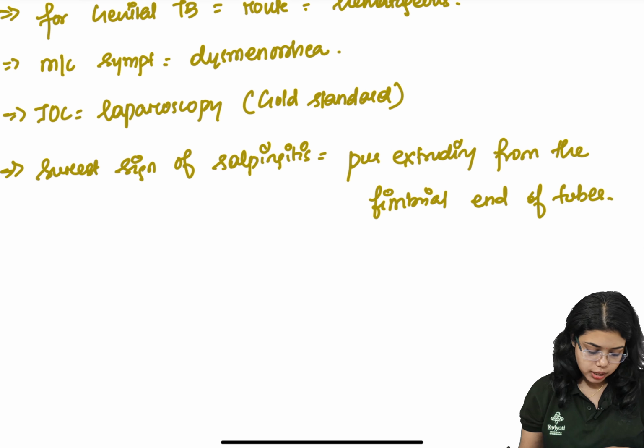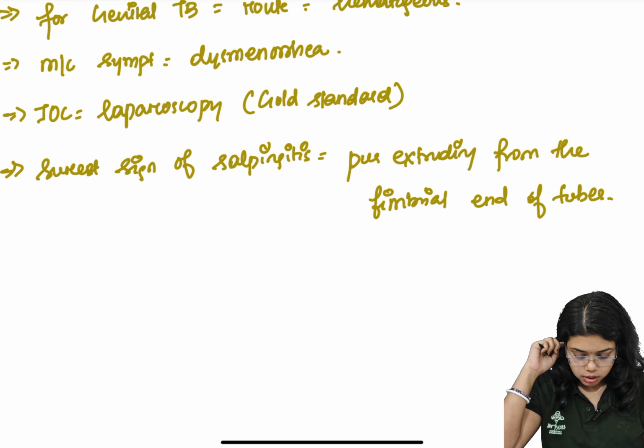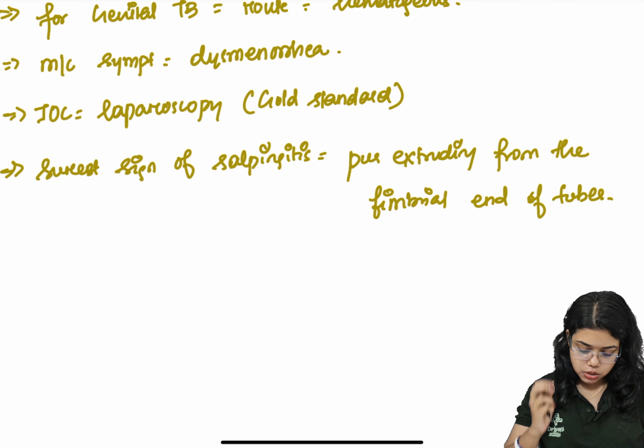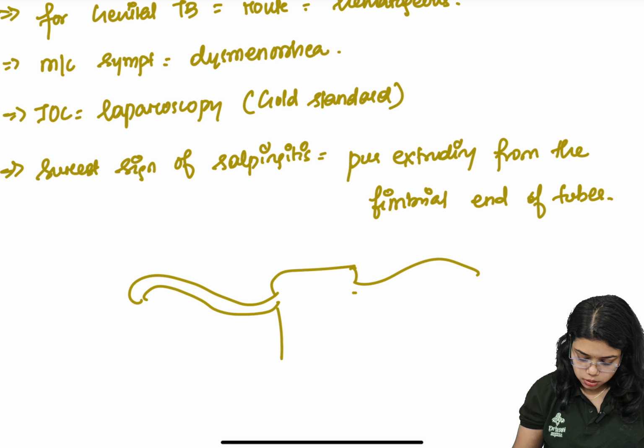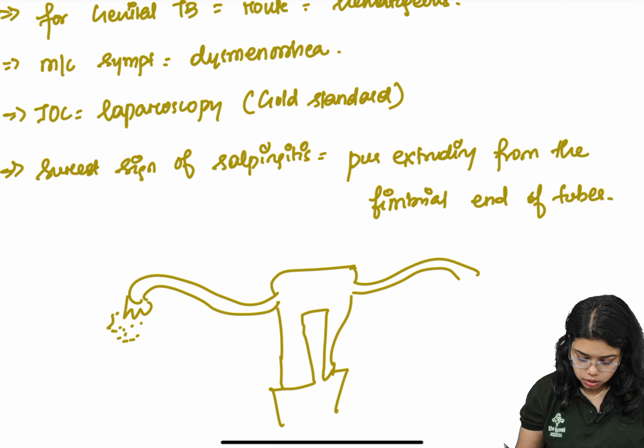Okay, when we see directly the pus extruding. See, if this is the fimbria, this is the uterus, this is the vagina. So when we see the pus extruding from the fimbrial end by direct visualization from the port, this is the surest sign.